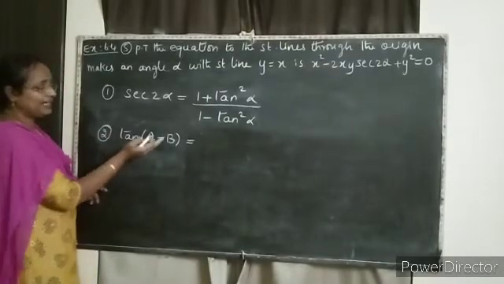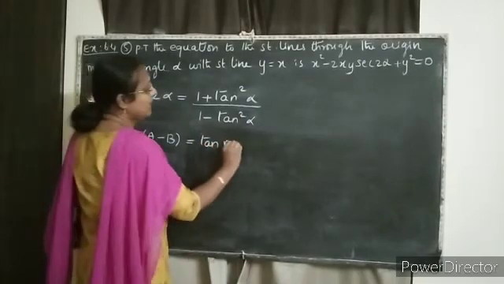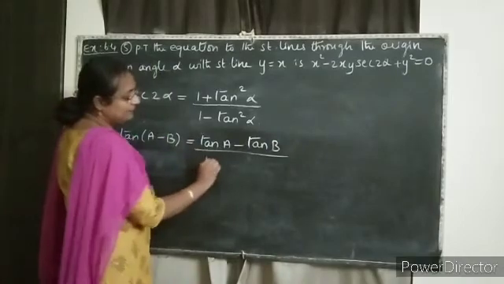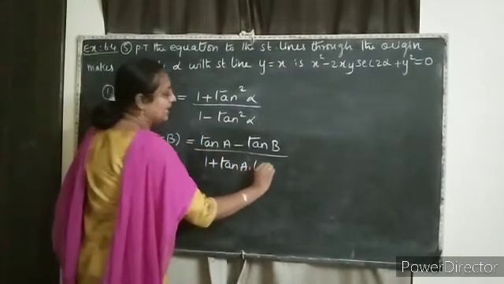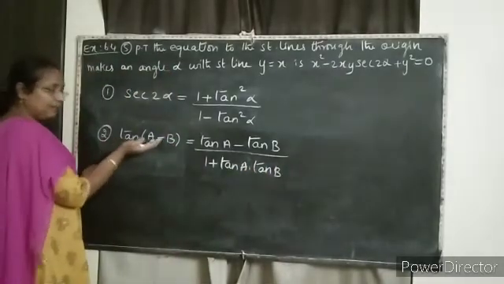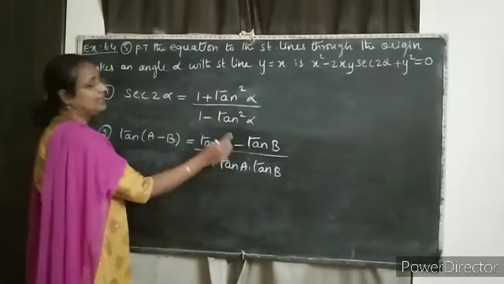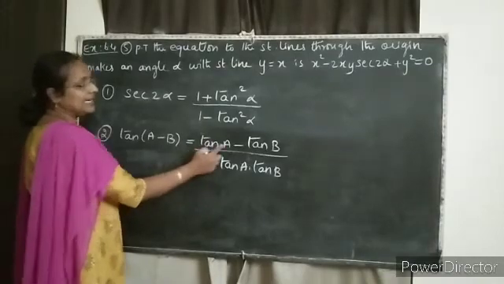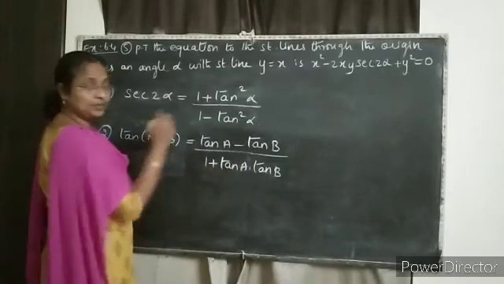So tan of A minus B is equal to tan A minus tan B divided by 1 plus tan A into tan B. Since it is tan of A minus B, you have to use the minus sign only in the numerator. The denominator will use the plus sign. So please memorize tan A minus tan B divided by 1 plus tan A into tan B.